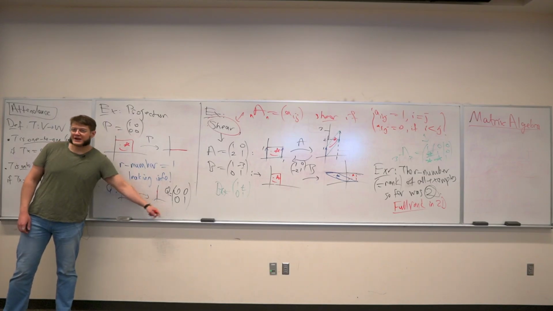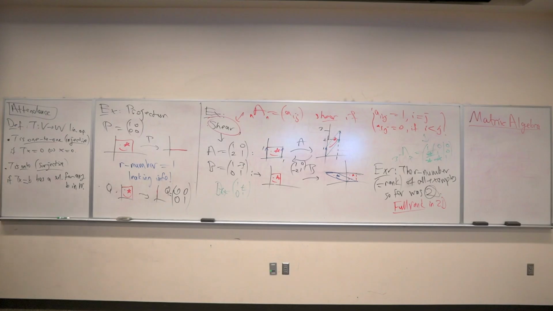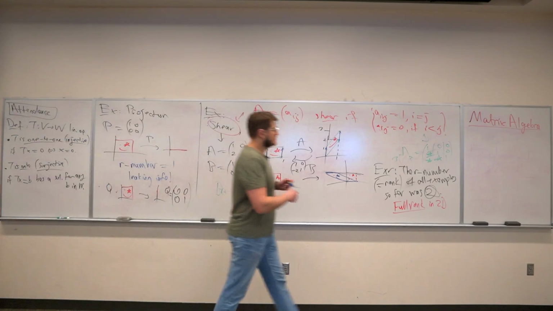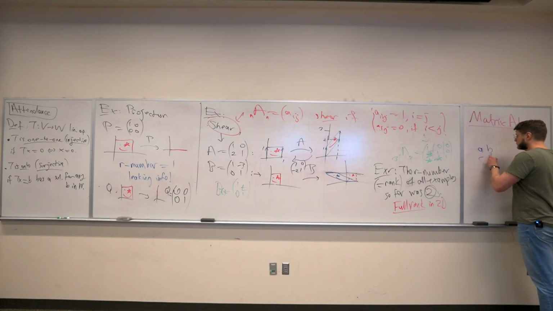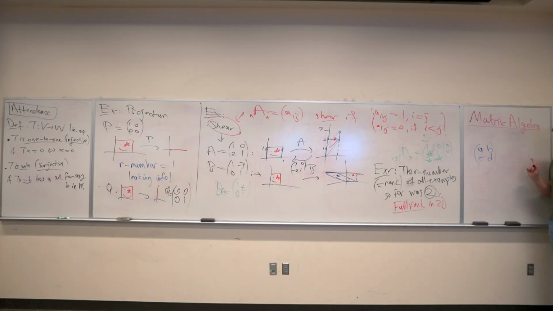And how do I think about it? This is the only trick I'm using. If I see a, b, c, d, that's a 2 by 2. It's a linear transformation on the plane.